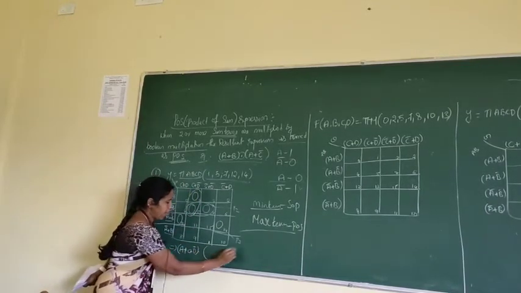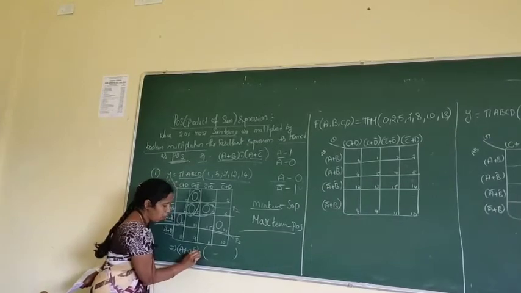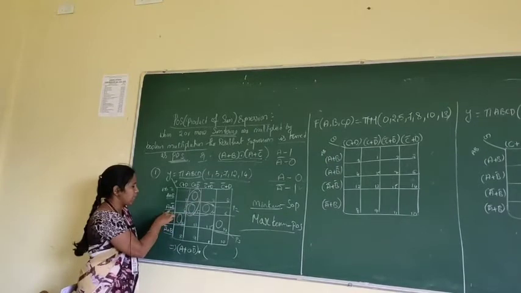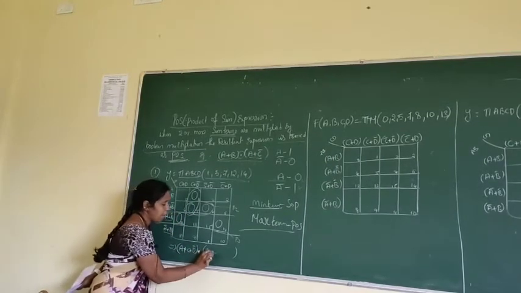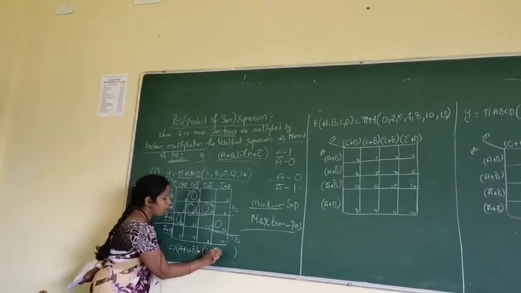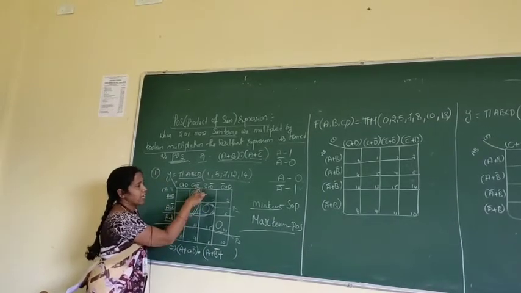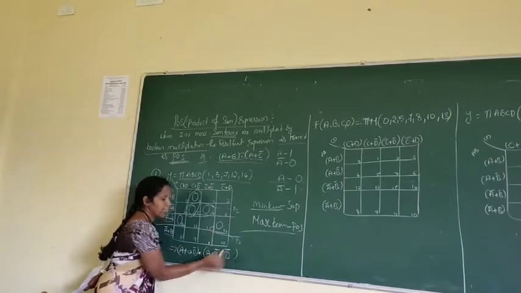Now the second pair, product of sum terms. For the second one, taking only one row, that is A plus B bar, plus, now for these two columns C bar will get cancelled and you get D bar.